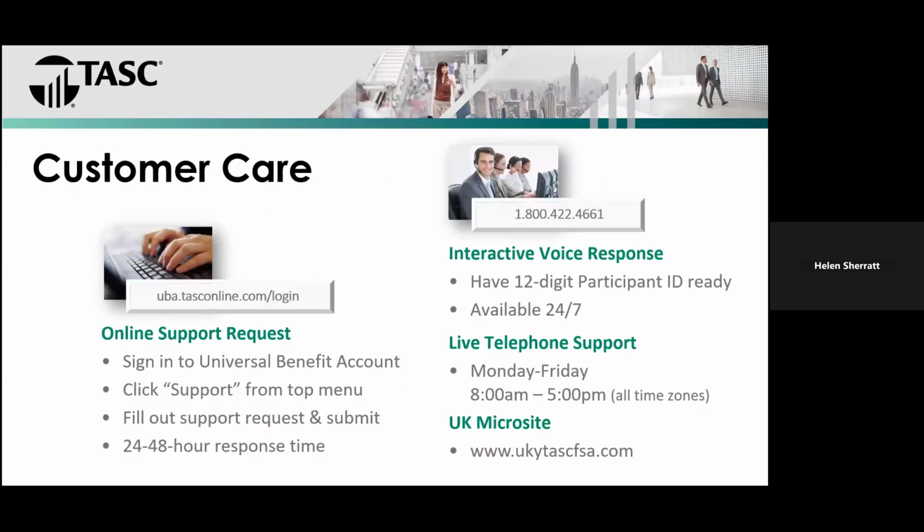All right, last slide I'm just going to leave up. This is a lot of the contact information for TASC, support requests, instructions, also telephone support. We are 8 a.m. to 5 p.m. all time zones. And I did get onto your microsite out there, and that has everything, if not more, of what I've gone over today.